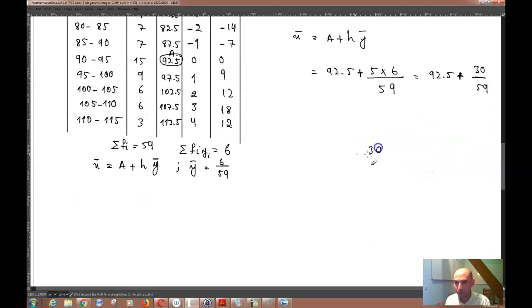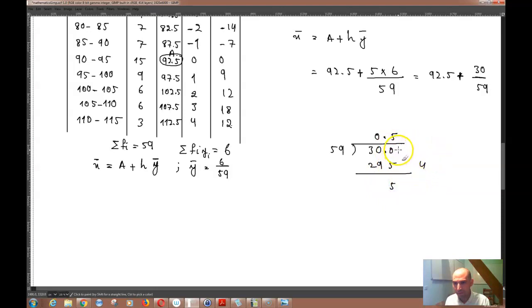So 30 divided by 59, so 0. And then if you add the 0 over here, 300, that's 6 times 5 times 10. So 5 times 9 is equal to 45, 45 plus 5, and you get a 5 over here.